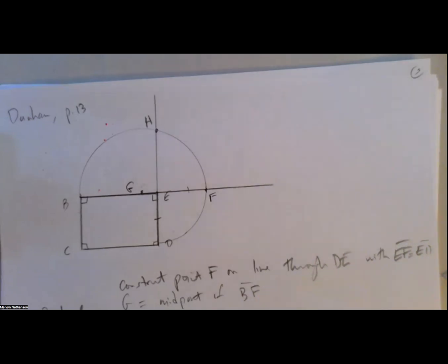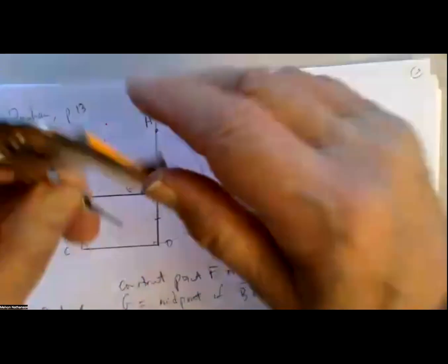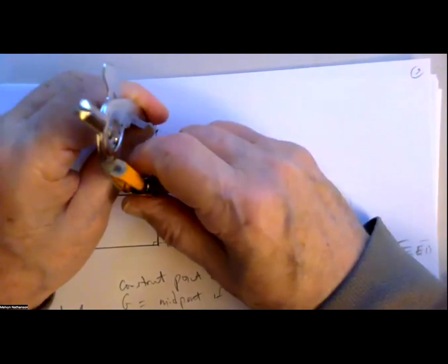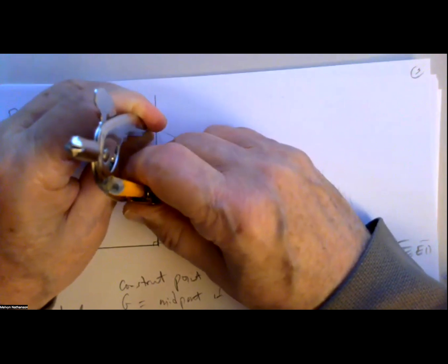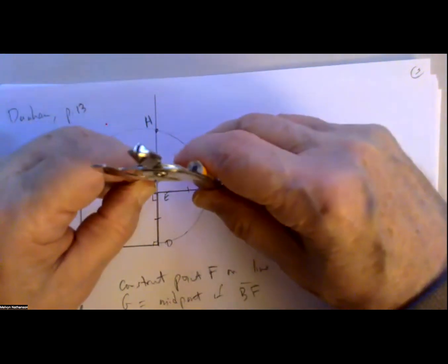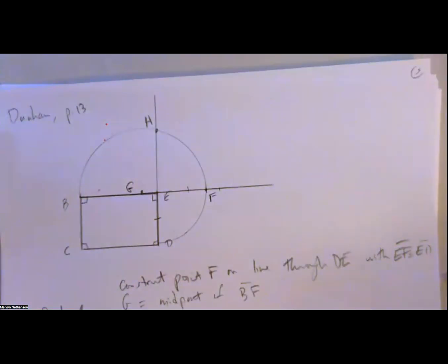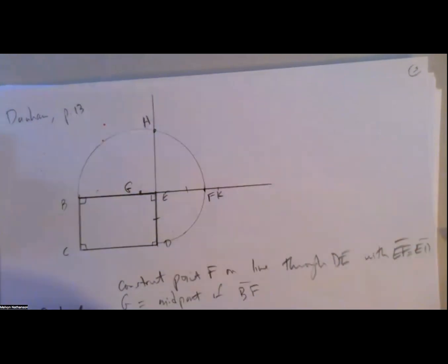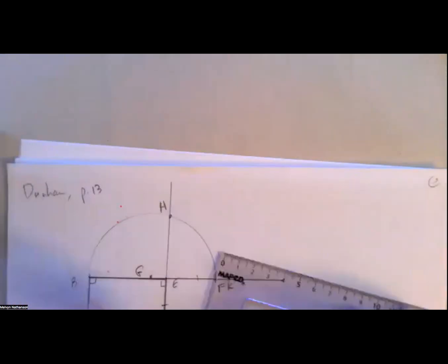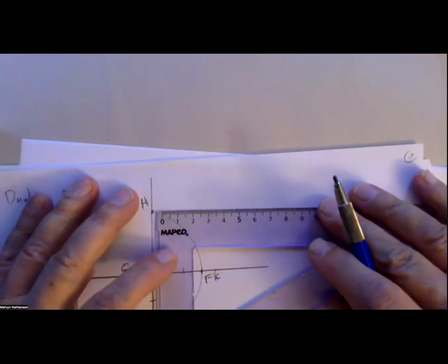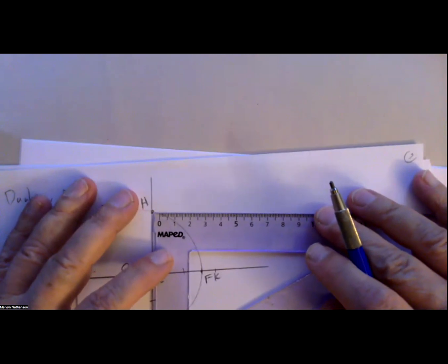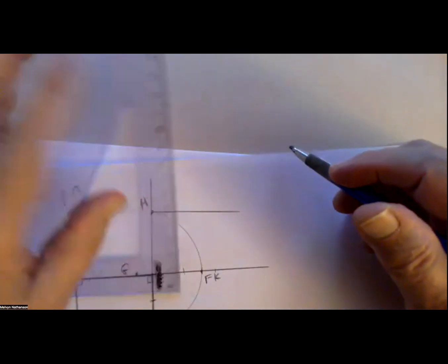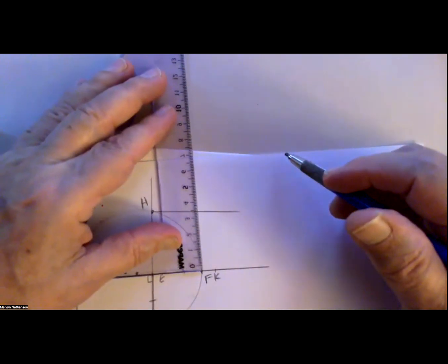So constructing a square with side equal to some fixed side is easily done. And so this is the point K. And I construct this square as well as I can.